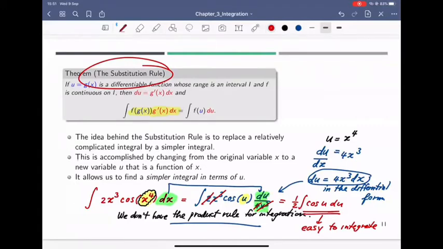The idea is as I just showed on this slide: we change the variable from x to u, so our integrand is much simpler, and then I can integrate it easily.